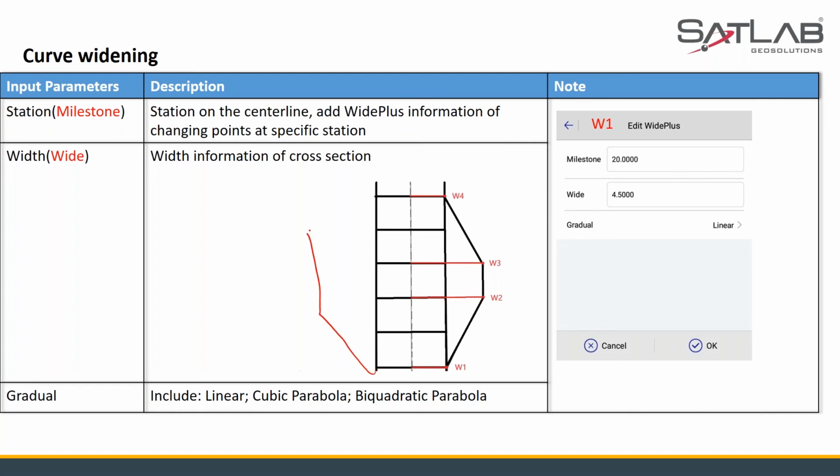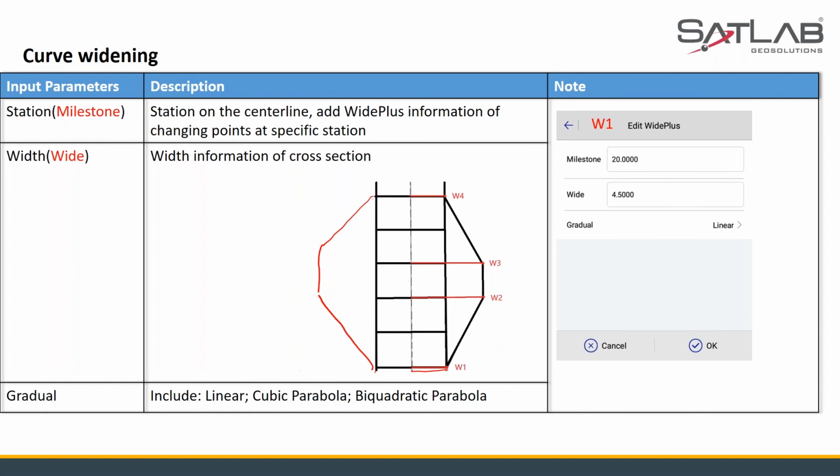So first, obviously, we have to give the milestone from where we have to start the curve, and we can do exactly the same thing over here. I can do the same thing on the right and the left hand side as well.